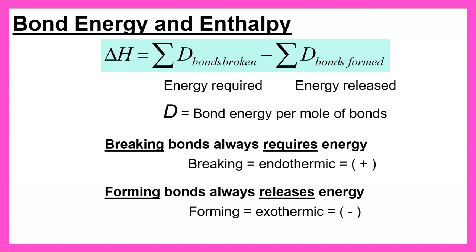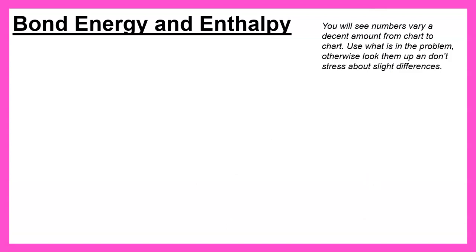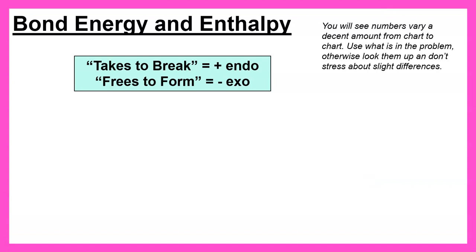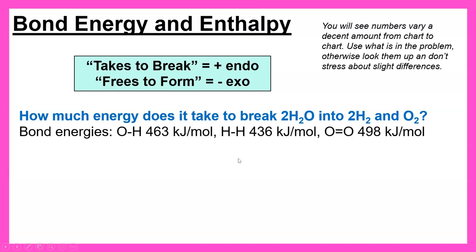I have noticed people here struggle with getting the signs correct. They get their subtractions backwards. I much prefer just the little reminder: takes to break, freeze to form. So when I do a problem like this one, how much energy does it take to break 2 waters into H2 and O2?